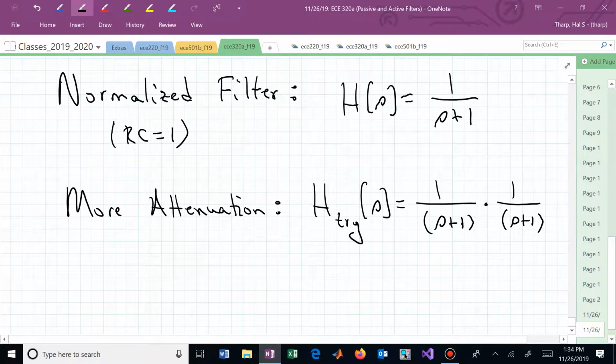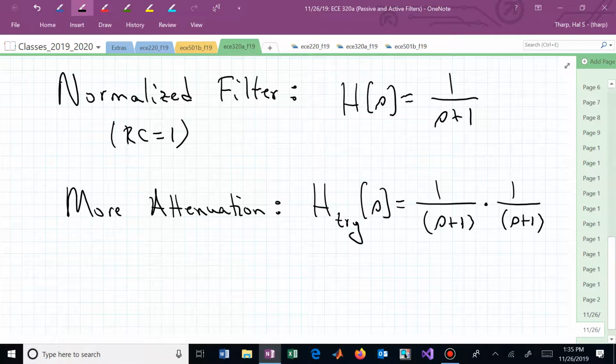Will that give me the same bandwidth as a single factor, 1 over S plus 1? And what am I defining as my bandwidth? I'm defining as my bandwidth the frequency where I am minus 3 dB below the DC level.